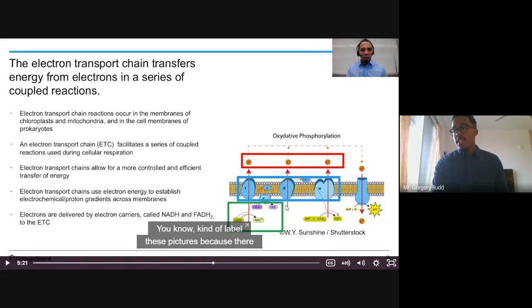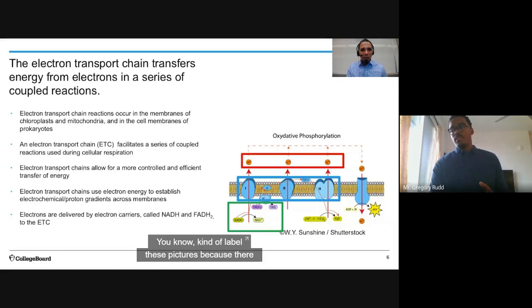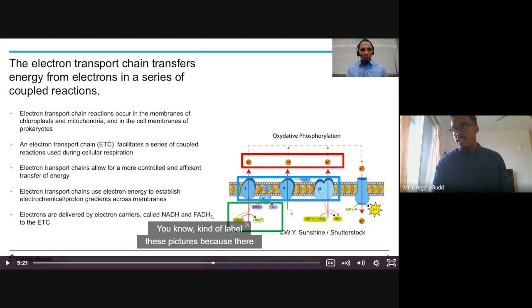All that means is that they're going to concentrate protons, which are hydrogen atoms, somewhere on the inside or on the outside of the cell. Do we see how these red arrows represent the movement of hydrogen atoms? They're moving through these big proteins inside of the membrane.